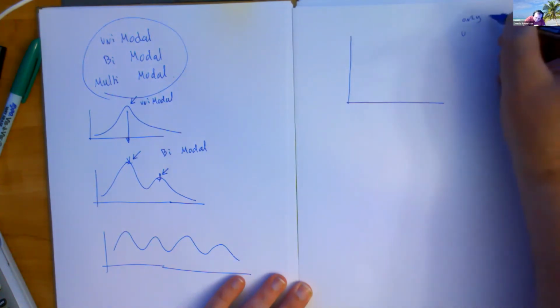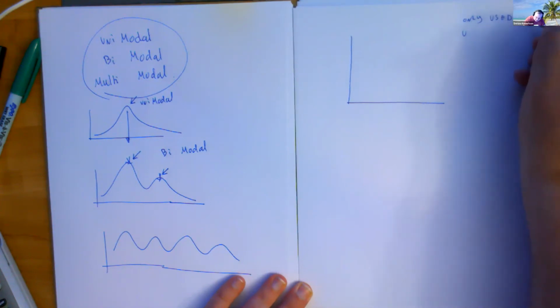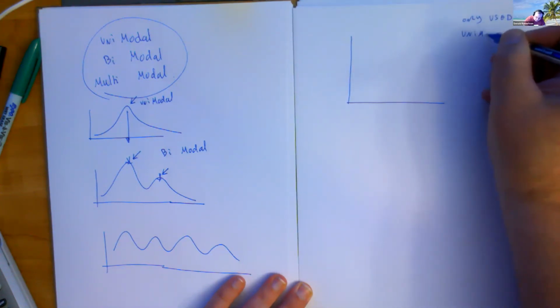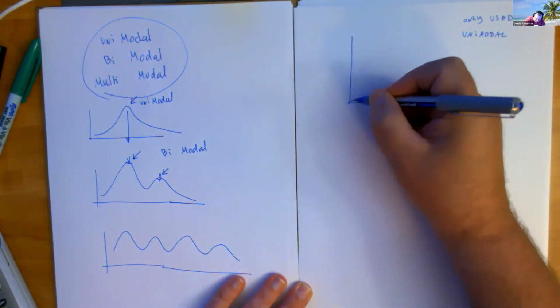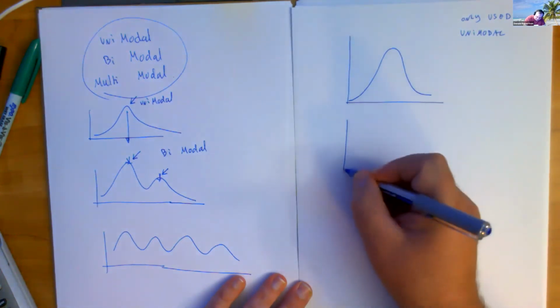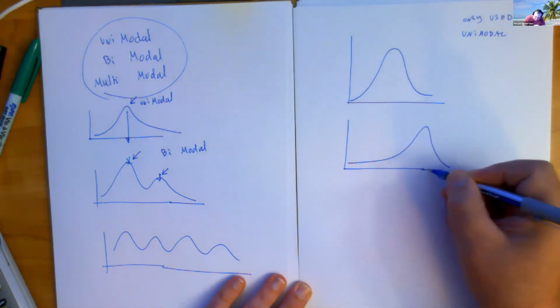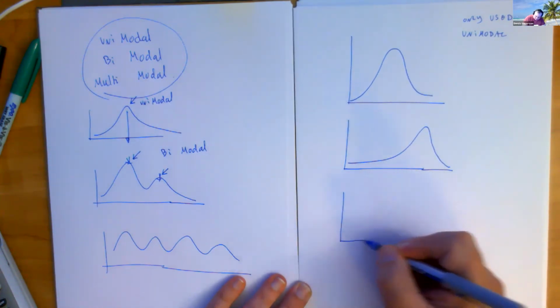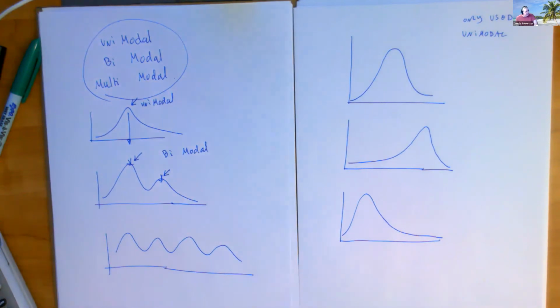The name is only used typically for unimodal, although we do give some flexibility here. Sometimes the data looks like that. Sometimes it looks like that. And sometimes it looks like that.